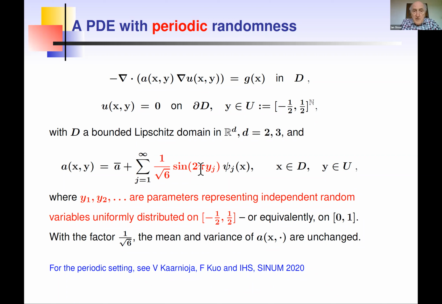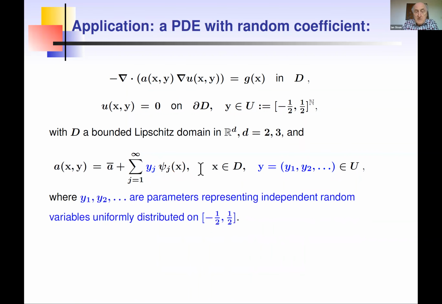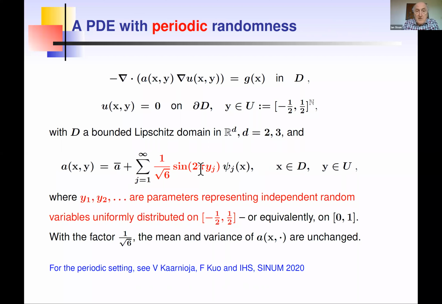And what about that 1/√6 there? That 1/√6 is there because if you do that, the mean, variance and covariance of our field are unchanged from the previous model, the usual model. The usual model, let me flick back to it for a moment, just has y_j's in there in the field, and now we have sin(2π y_j)/√6.